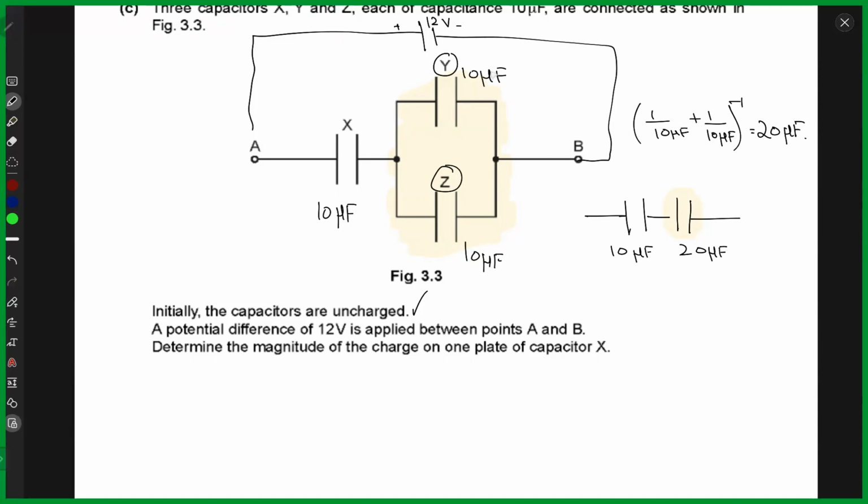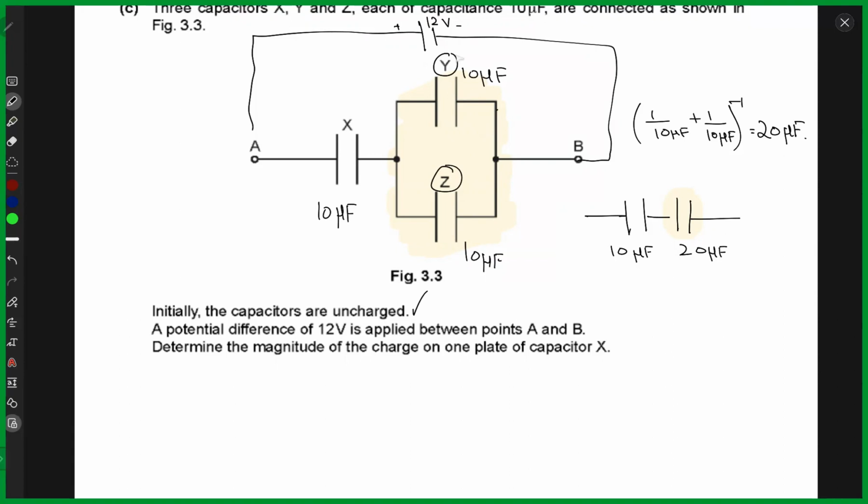Now, because all of these capacitors are 10 microfarads each, the potential difference across each capacitor can be determined quite easily. Across the parallel combination of the capacitors, the potential difference would always be the same, right?